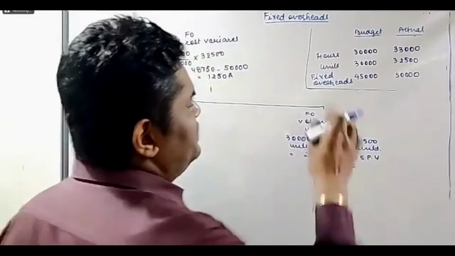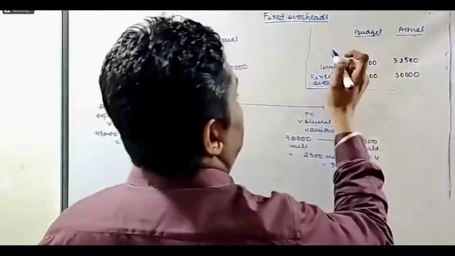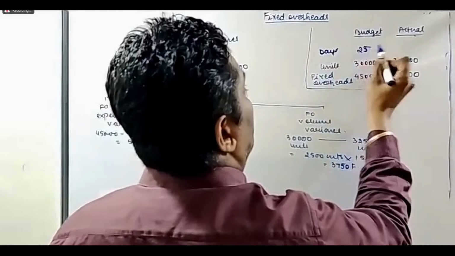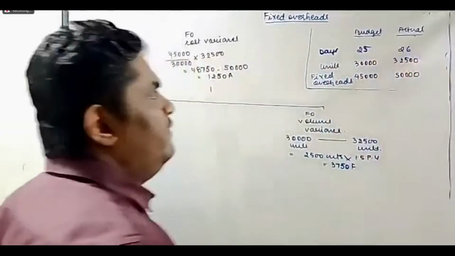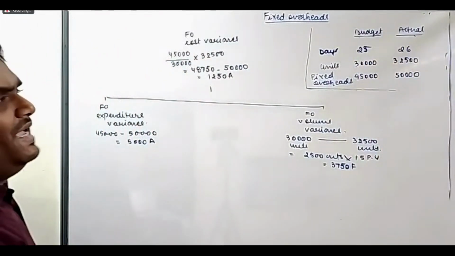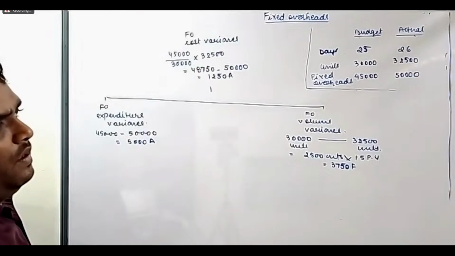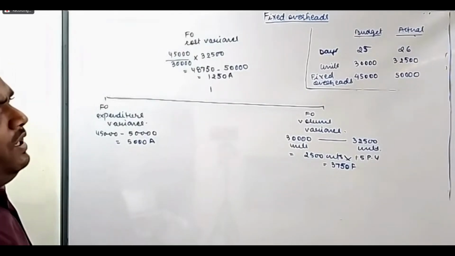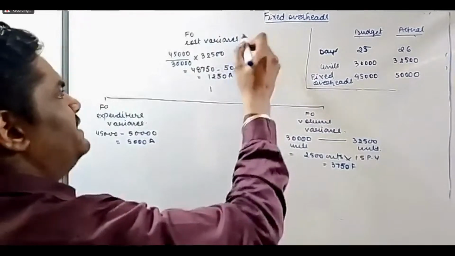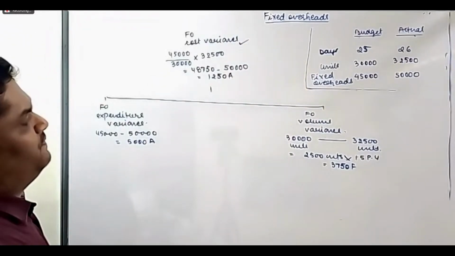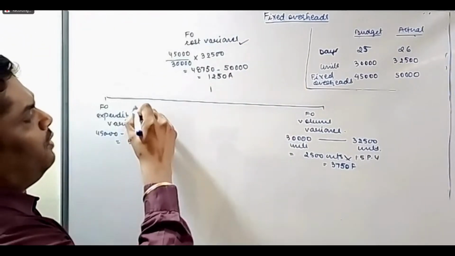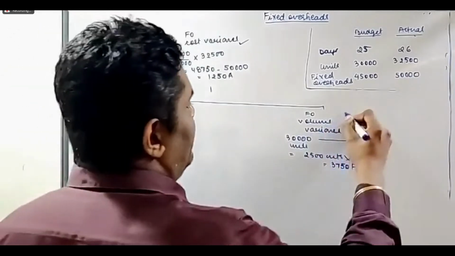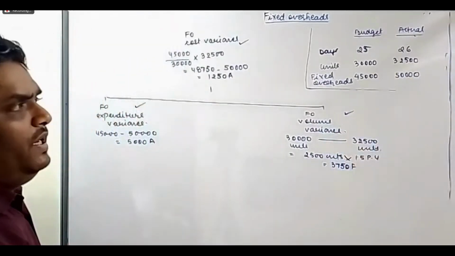Now let's take a situation wherein hours are not given but days are given. Hours are not given but the days are given. So herein, when talking about cost variance, there will be no change. When talking about expenditure variance, again no change. When talking about volume variance also, there will be no change.